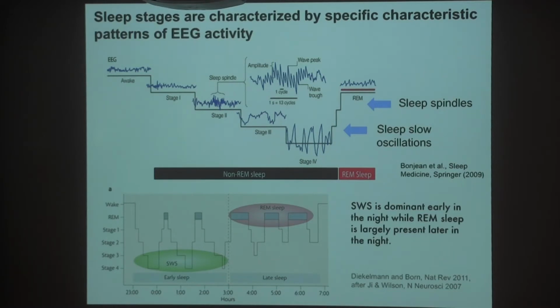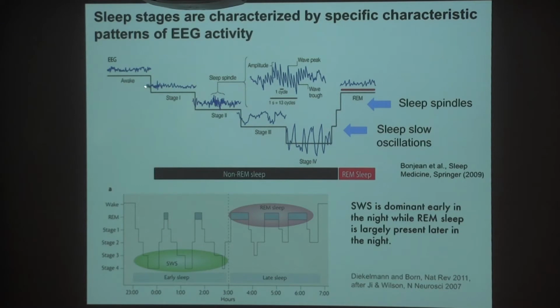And if you just look at the structure of sleep, it's interestingly very characteristic and very stereotyped across different species, from humans to some lower vertebrates. What is shown here is the basic sequence of sleep stages, which is repeated in humans and higher animals, usually 5-6 times during the night.